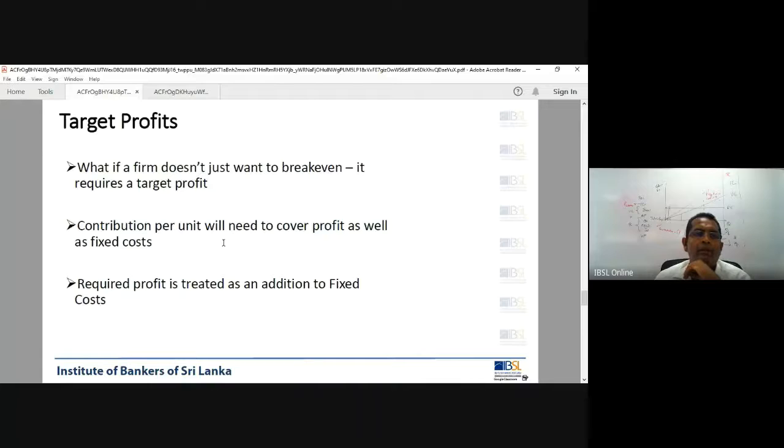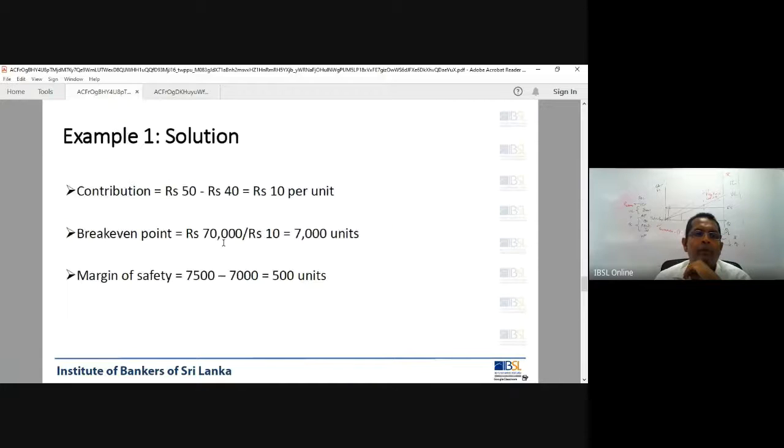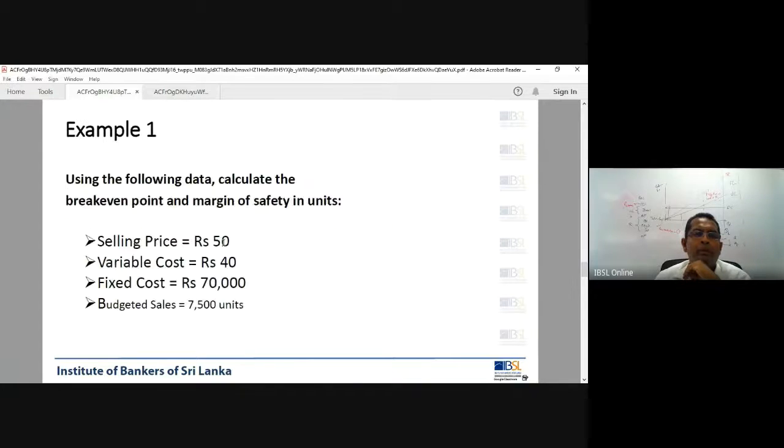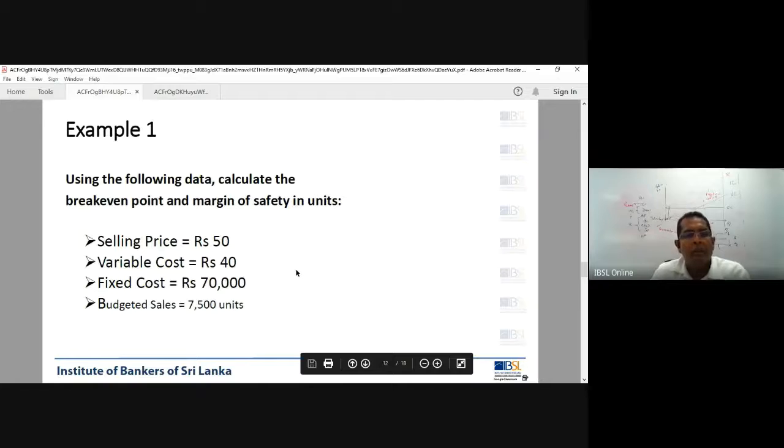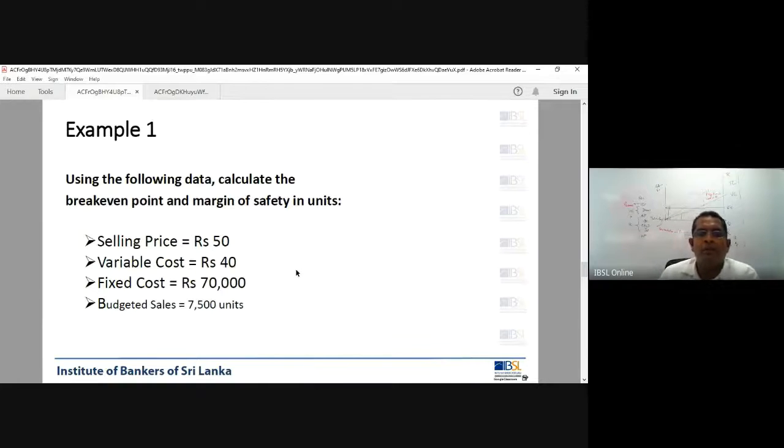Where is the second one? Okay, we will do this. Try to do this example. Using the following data, calculate the break-even point and margin of safety in units. You have selling price of 50, variable cost is 40, fixed cost is 70.